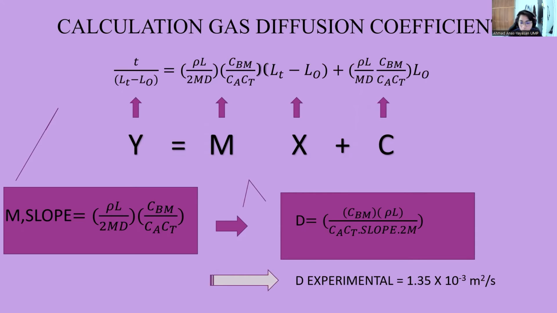For the experimental, we got the answer 1.35 times 10 to the power of negative 3 m squared over s.